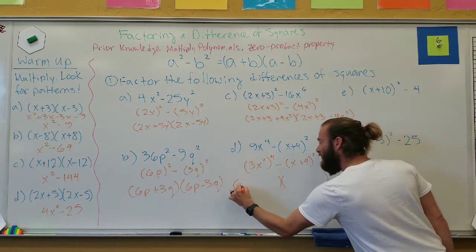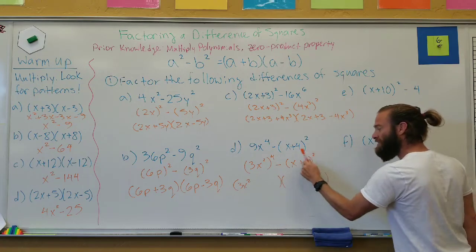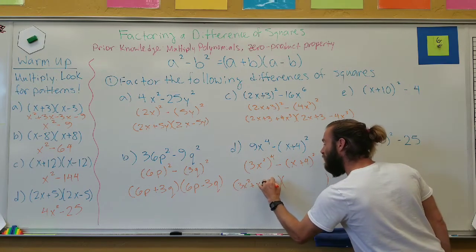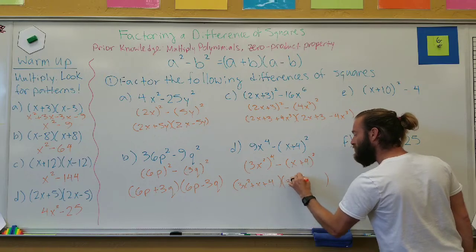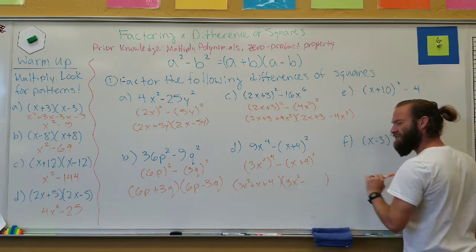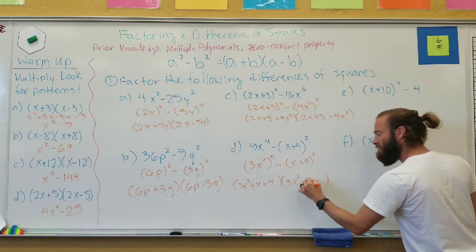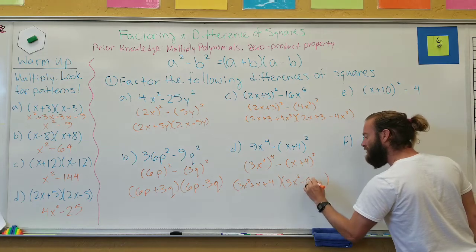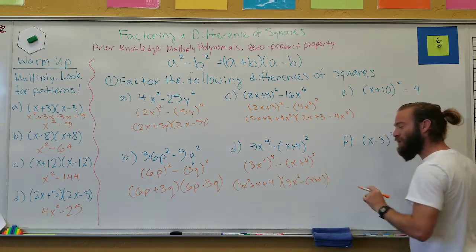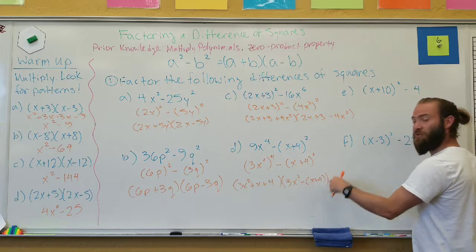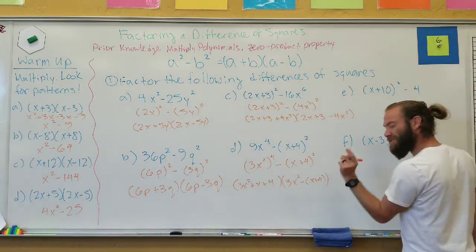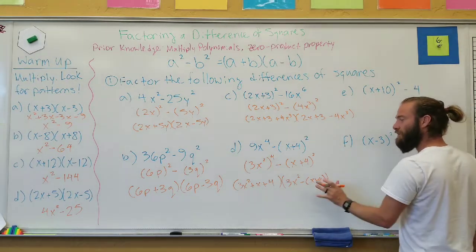So it's going to be 3x squared plus x plus 4 times their difference, 3x squared minus. Now this is a little tricky, because if I'm subtracting all of x plus 4 here, I do want to use another set of parentheses, because it's going to be minus x minus 4 once I distribute it. So that might be a slight thing you maybe didn't write there.